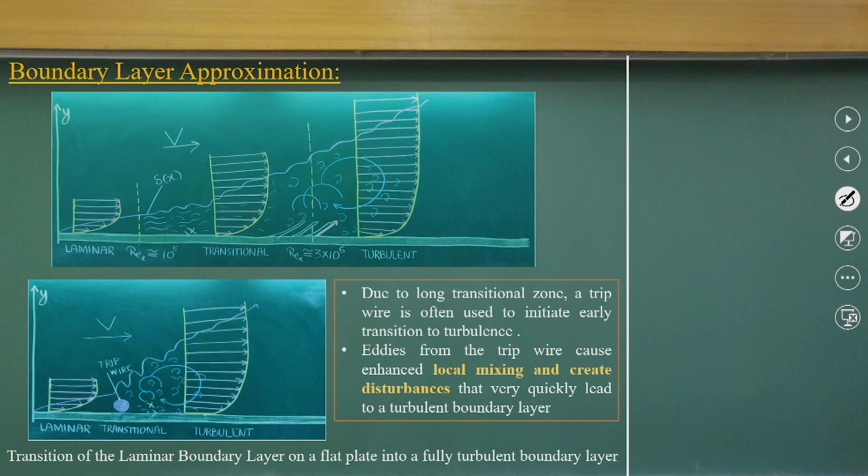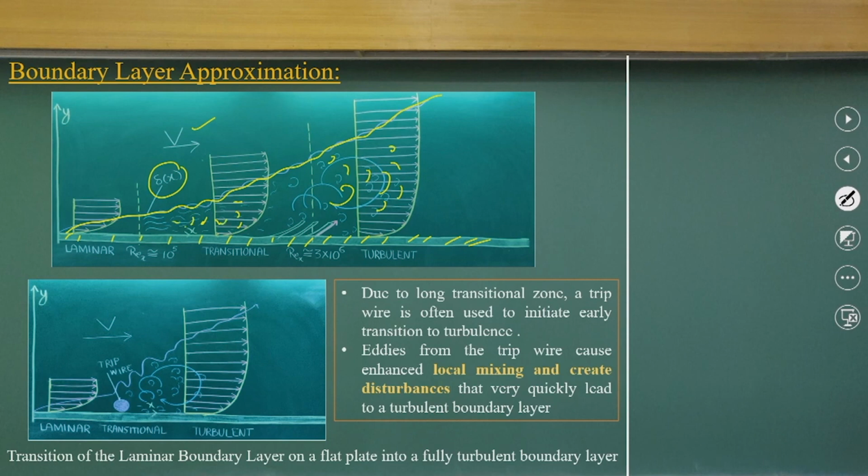If you have a free stream velocity V, and this is the plate, as we are considering symmetric boundary layer conditions, and the flow is coming in, then this is the delta x, the boundary layer thickness, which is increasing along the plate. When it comes to the turbulent region, it will not be smooth, as you know there will be a lot of vorticity, and in the transitional region both vorticity and decay of these things will be there.